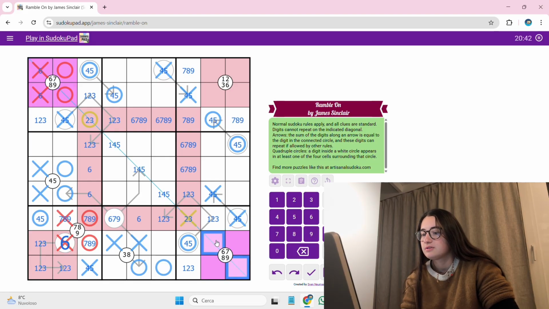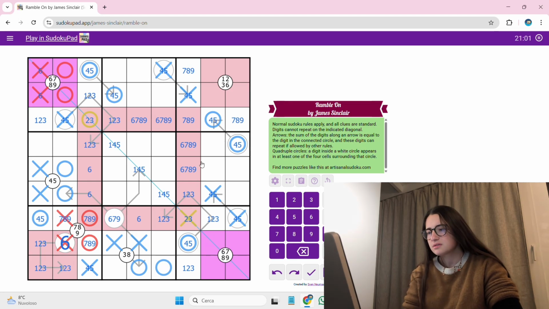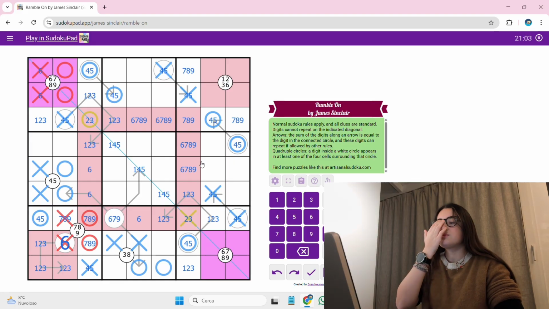I don't think so. So now we need a cross and a circle here, but I don't know. Red, obviously. What else do I know? What else do I know?